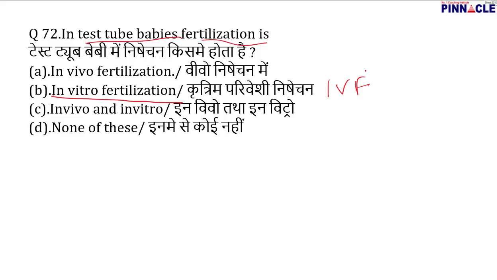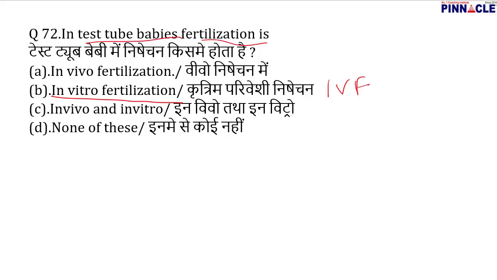Then the fertilized egg is returned to the woman's uterus, and through this the test tube babies are produced. Therefore remember that fertilization in test tube babies occurs with the help of IVF, that is in vitro fertilization. So for question number 72, B, that is in vitro fertilization, is the correct option.